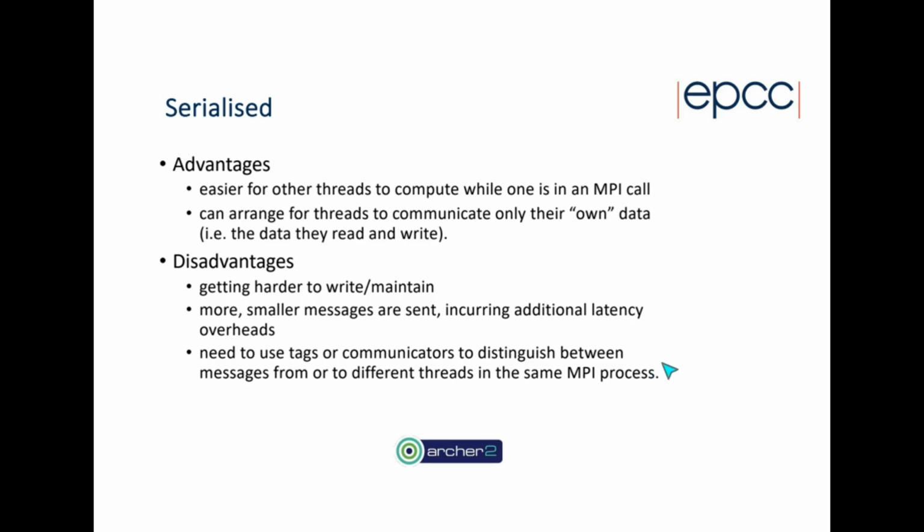You now have this problem. You need either to use tags or communicators to distinguish between messages that are coming from or going to different threads in the same MPI process. That's because MPI itself has no way to distinguish between different threads, and that's a bit painful.